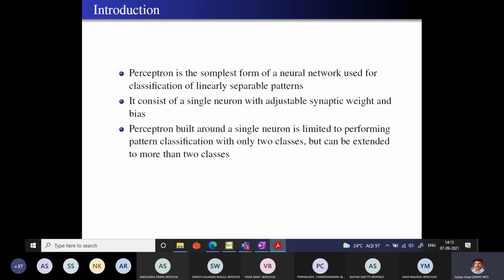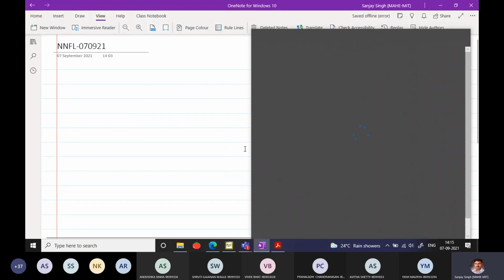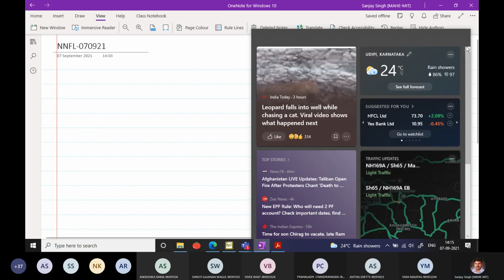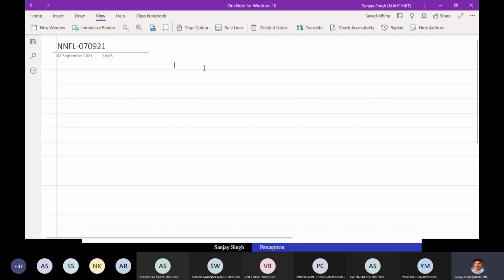The possibility is there by adding some more neurons, but provided that the classes should be linearly separable. This is what I mean when I say they are meant for linearly separable data.